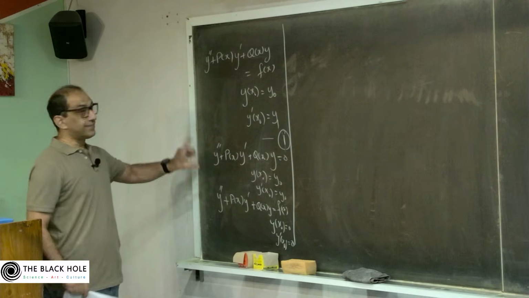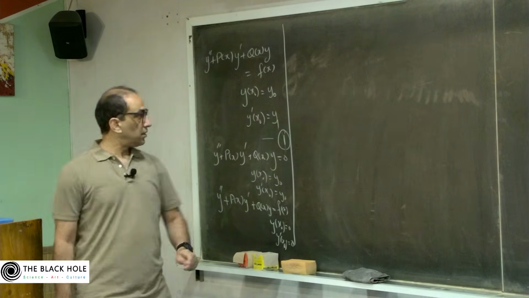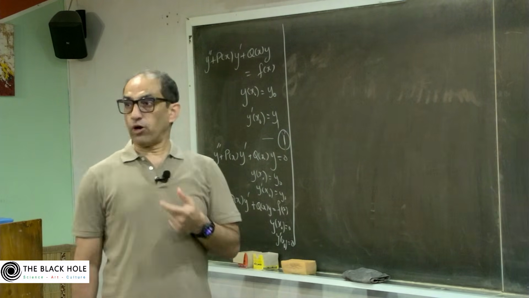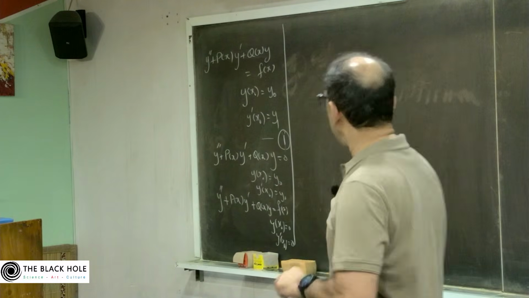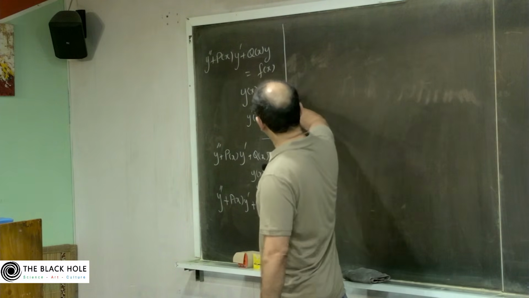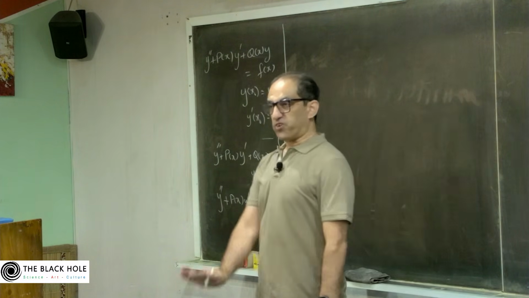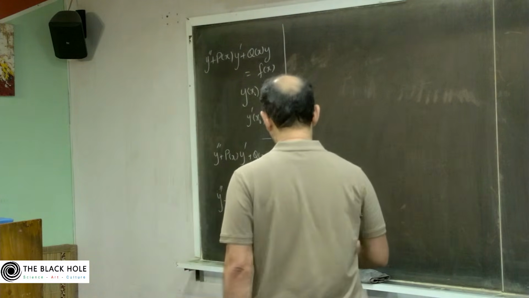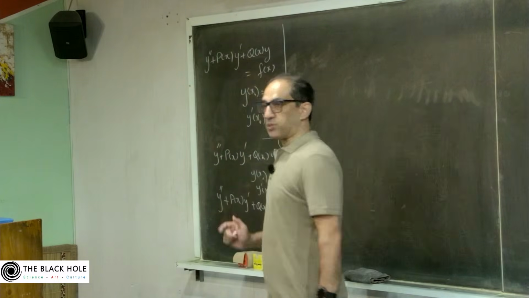This is the claim: if you have an inhomogeneous second order linear differential equation subject to initial values, it can be expressed like this. First we begin by talking about the initial value problem.